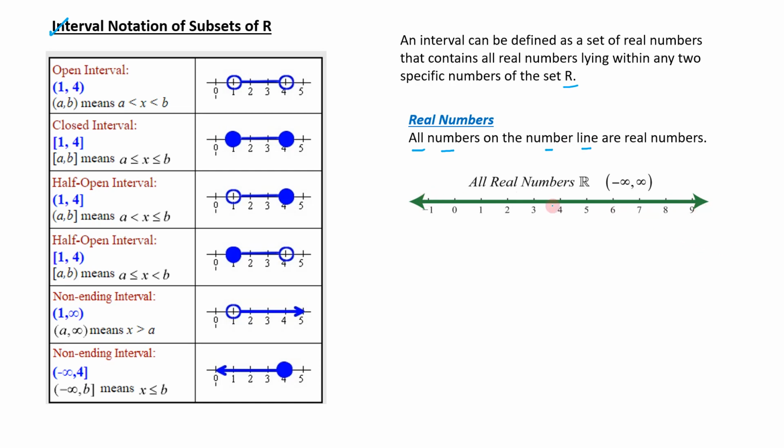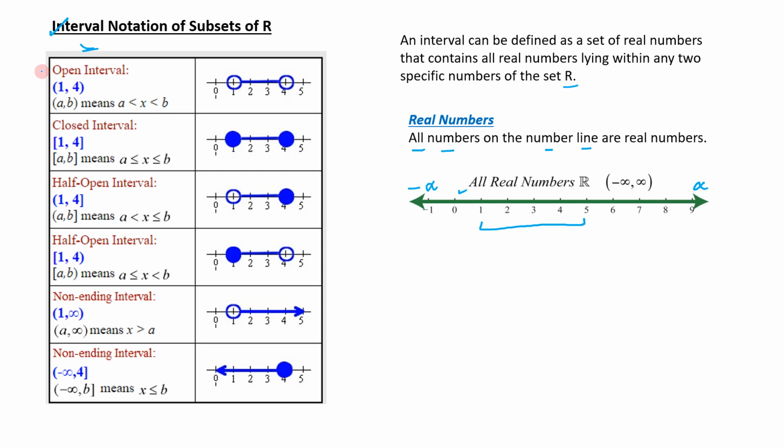Here we have a number line, and all numbers from negative infinity to positive infinity, even 0 included, are real numbers. And if I take any set of numbers between these real numbers, this set of numbers will form an interval. Now, in order to further understand intervals, let us take the types of intervals.